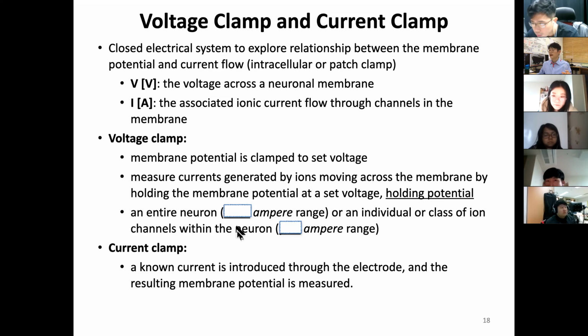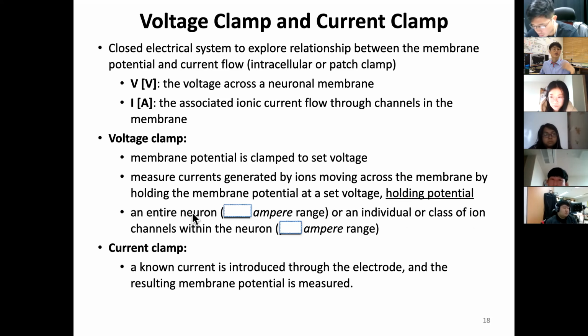So if this is a whole cell, an entire neuron, you can measure the current. Or an individual or class of ion channels within the neuron. So for a single ion channel, the current range is different from the entire neuron.